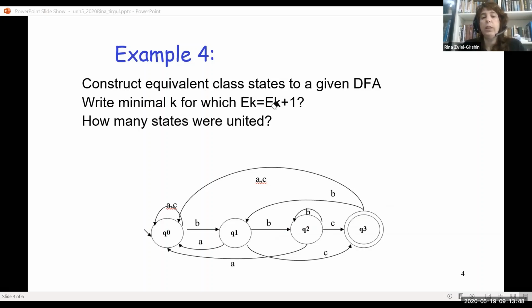And the additional question, how many states were united? So you will also answer this question. So please build E0 for this automaton. I think E0 is very simple.